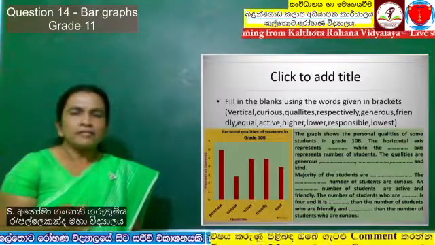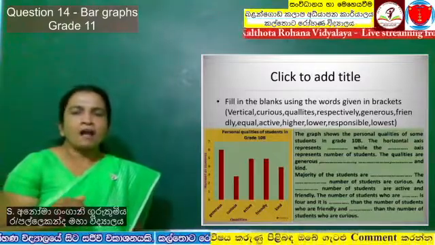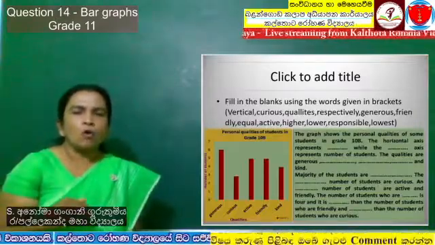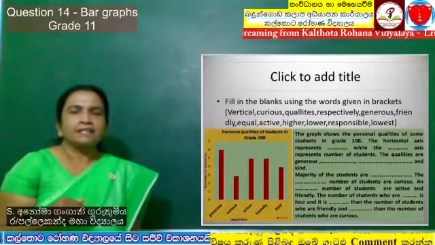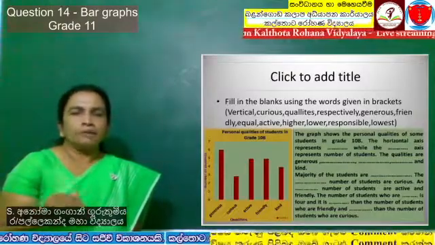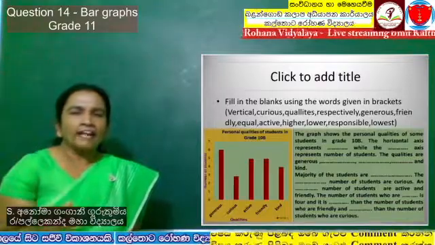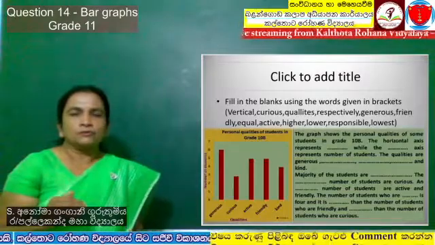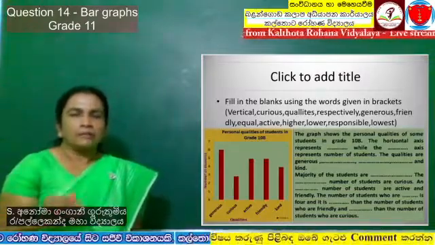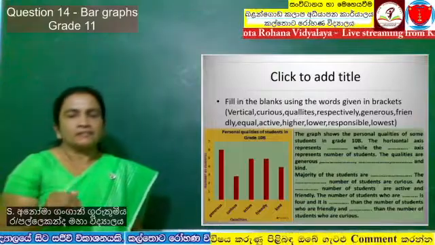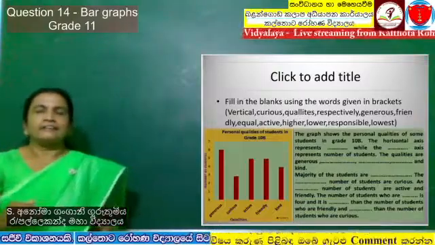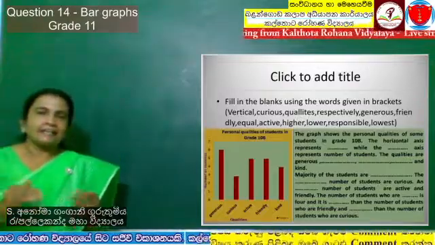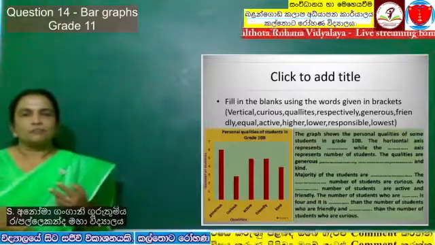The number of students who are curious is 4 and it is lower than the number of students who are friendly and active. This is the thing. Did you understand that one, my dear children? Next, we jump to the next activity.